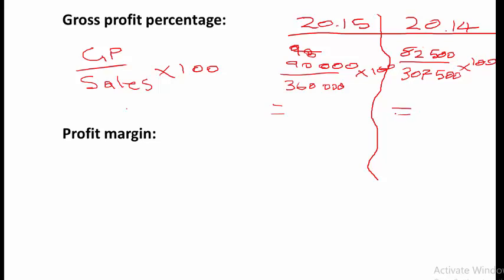So now let's start using our calculators. 90 divided by 360 times 100, what should you get? 25%. This is nice and even. So you get your 25% right here. And for your 2014, 82,500 divided by 307,500 times 100, which, after rounding, gives 26.83%.